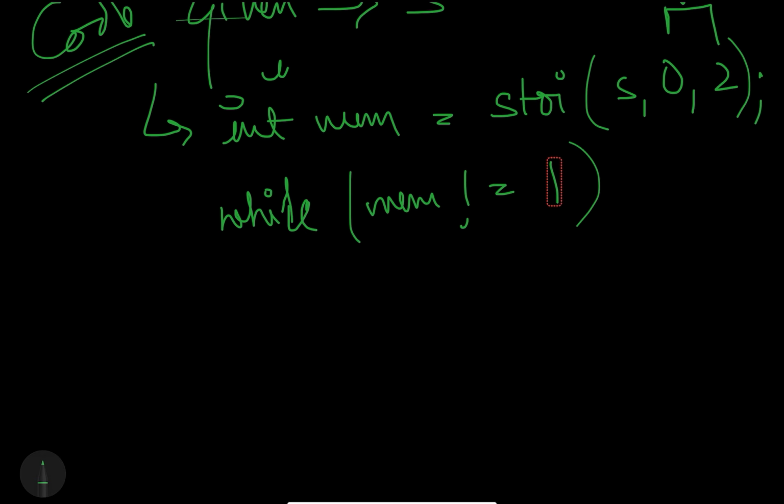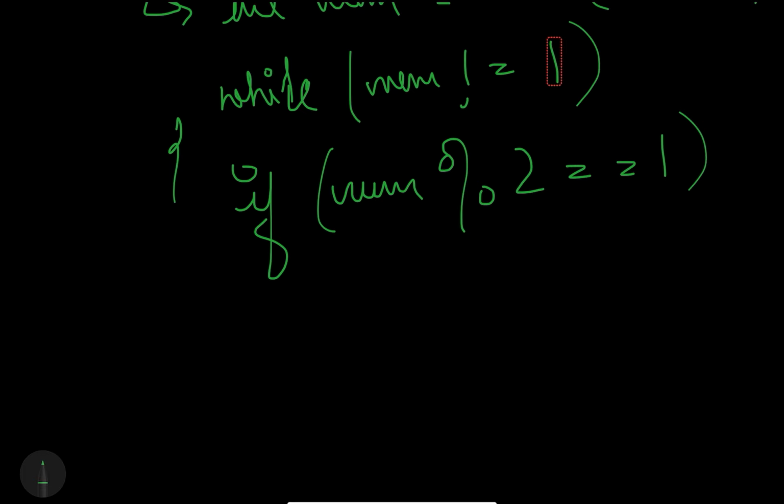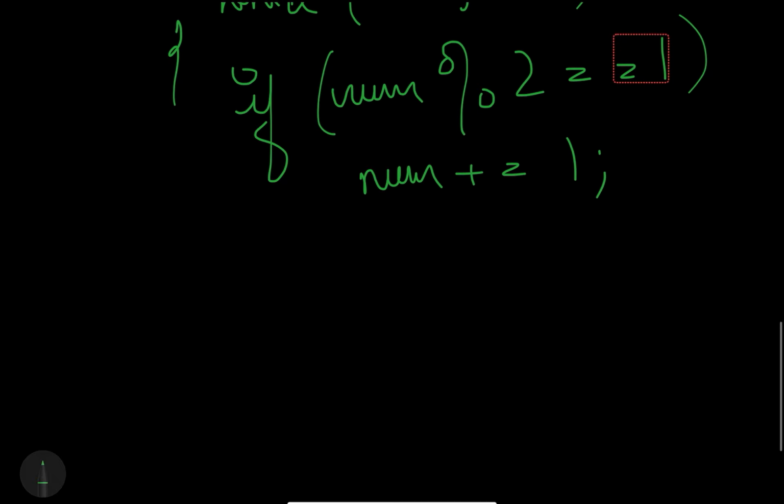We can take a variable to store our answer, which will give us the count of the operations. If our num is odd, we add 1 to our num, and if it is even, then we'll divide it by 2.